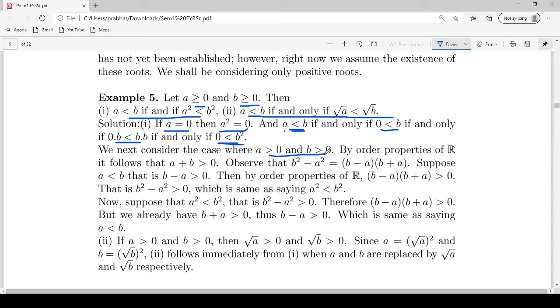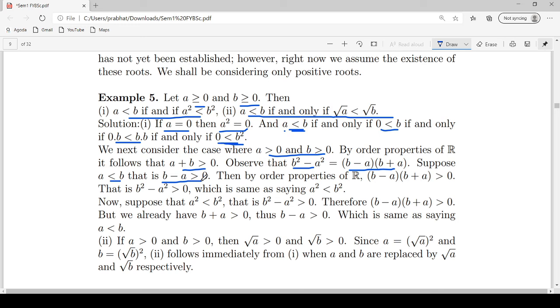Now we will make use of order properties of R again. A and B are greater than 0. That means A plus B is also greater than 0. Now consider the element B square minus A square. B square minus A square can be factorized as B minus A into B plus A. Now, if A is less than B, that will imply B minus A is greater than 0.